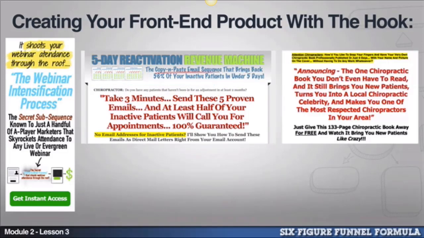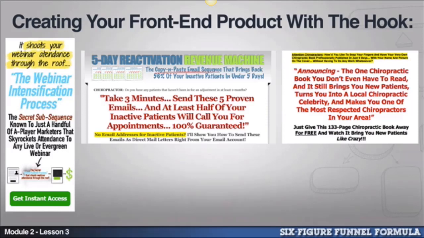Final example, which is a unique example, is for a product that I created for chiropractors, where it was basically a book that was all about chiropractic, that was designed to sell prospective patients on chiropractic. And doctors could have their picture put on the book, their name on the cover, their name on the spine, their bio on the back.